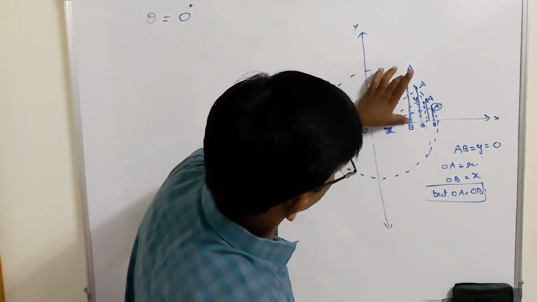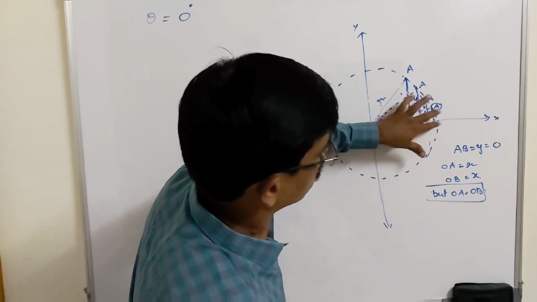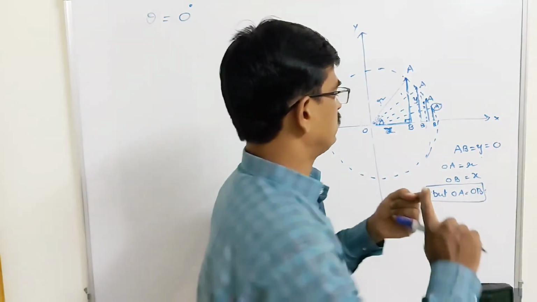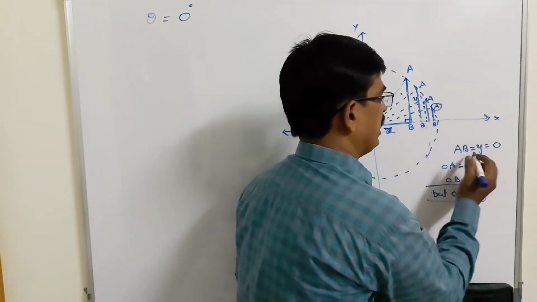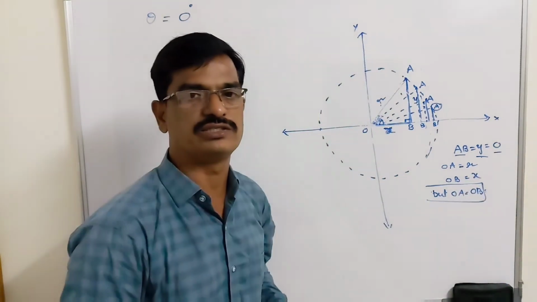The length of AB gradually decreases. Finally A and B meet at the same position, there is no distance between them, hence AB is equal to y is equal to 0.